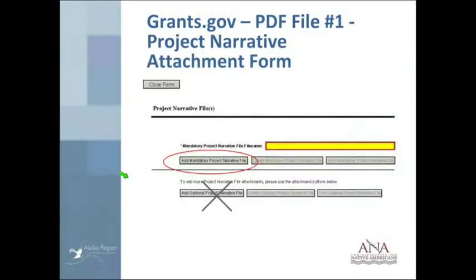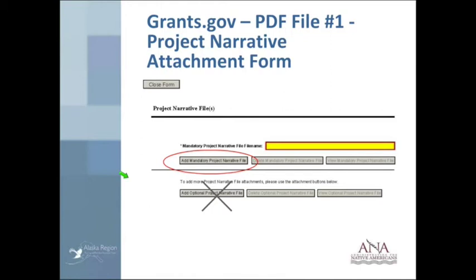So once you've saved the abstract, table of contents, and all your narrative elements, use the PDF tool to combine those into a PDF, and you've got that one file, number 1, project narrative. Then you're going to use this attachment form.